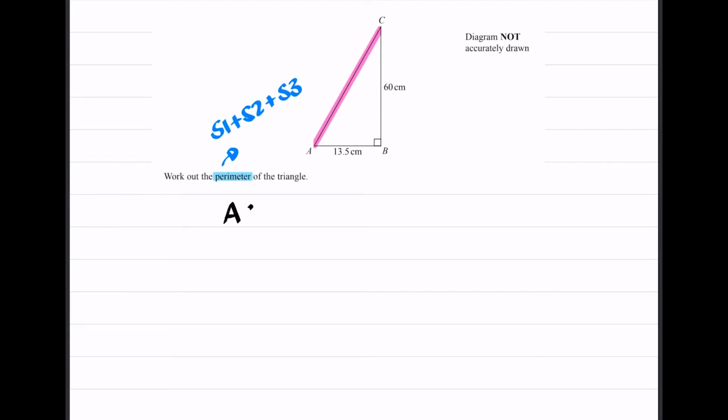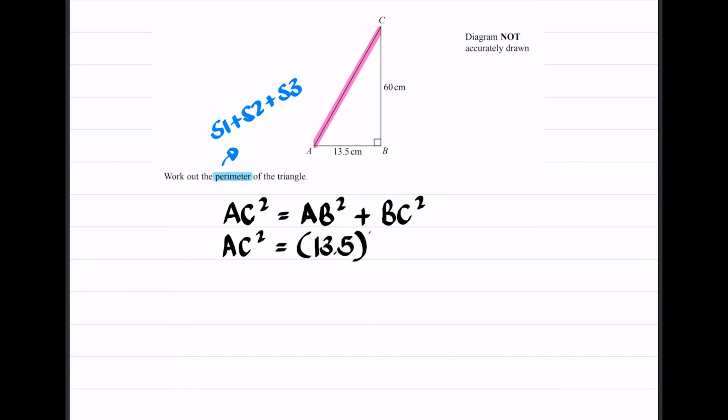So AC squared is equal to side 1, which is AB squared, plus side 2, which is BC squared. So I'm calculating AC. So AC squared is equal to, AB's value is 13.5, and that's squared, plus BC's value, which is 60 squared.